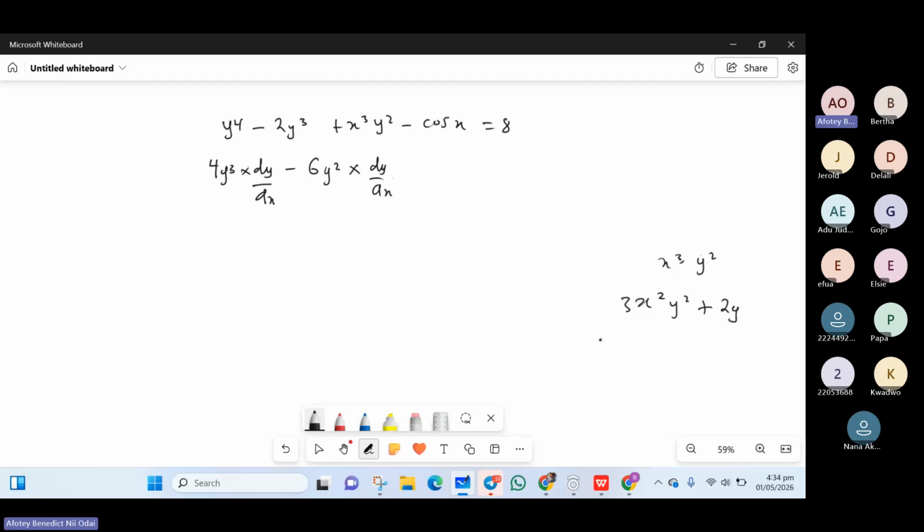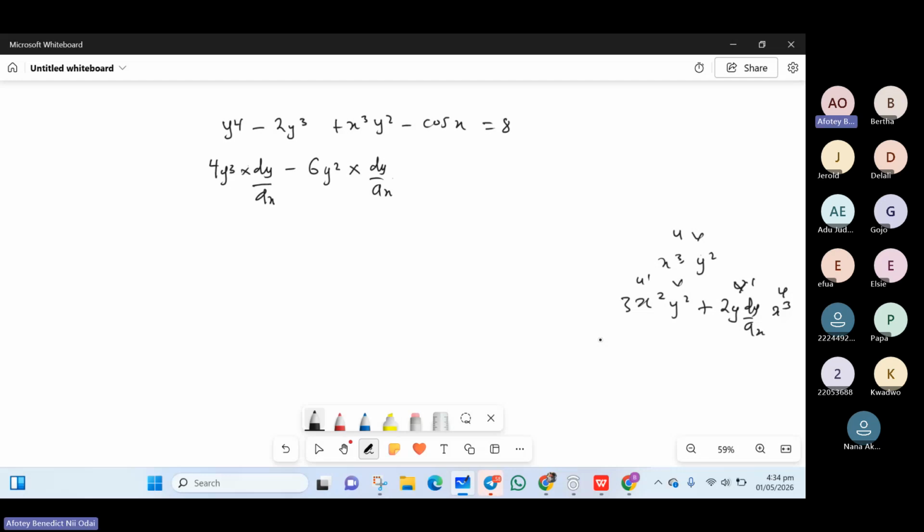We are differentiating y, so we bring our dy dx, and of course x cubed. What we've basically done is using the product rule uv, where this is our u prime, this our v, this becomes our v prime, and this becomes our u. We've done the product rule over here.